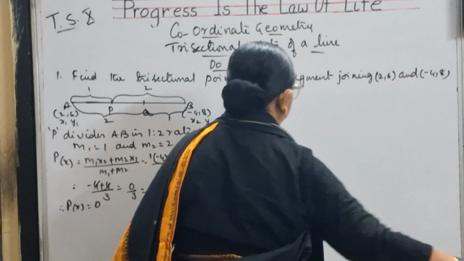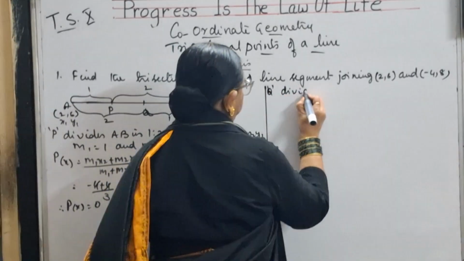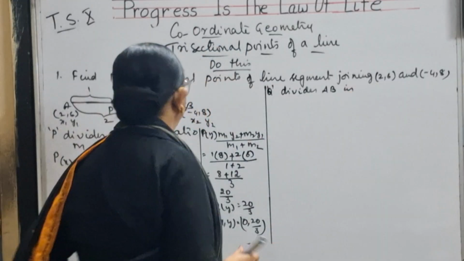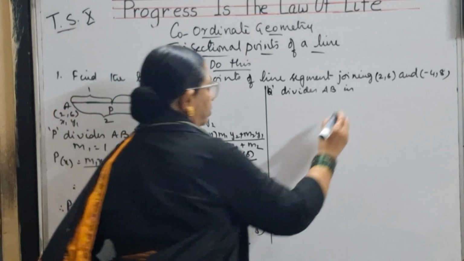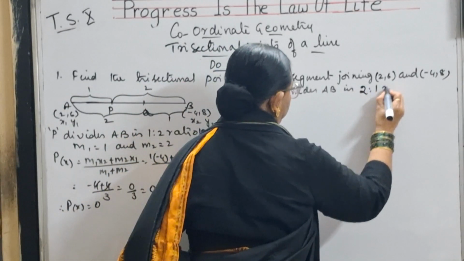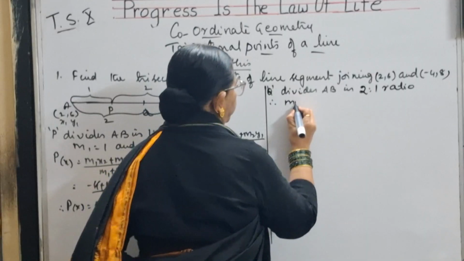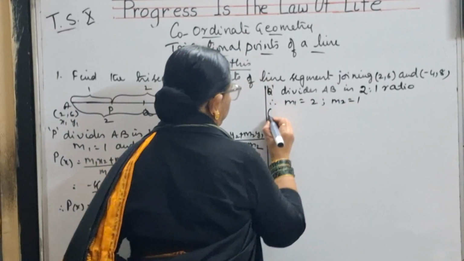So Q divides AB in which ratio? See, Q is dividing in 2:1 ratio. Therefore, M1 is 2, M2 is 1.